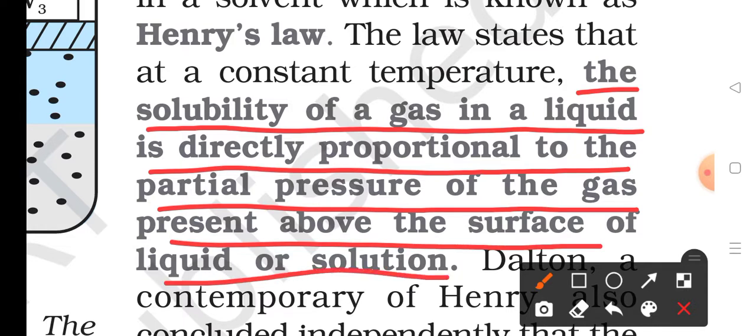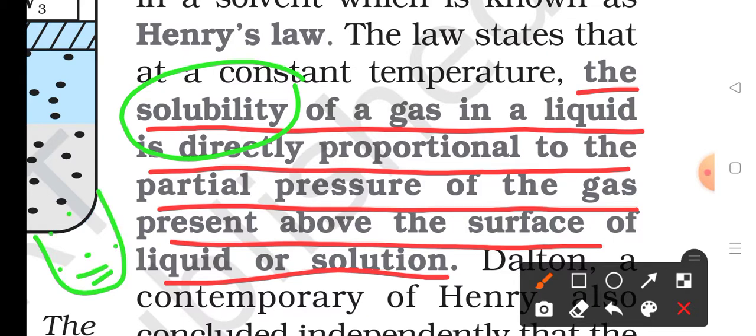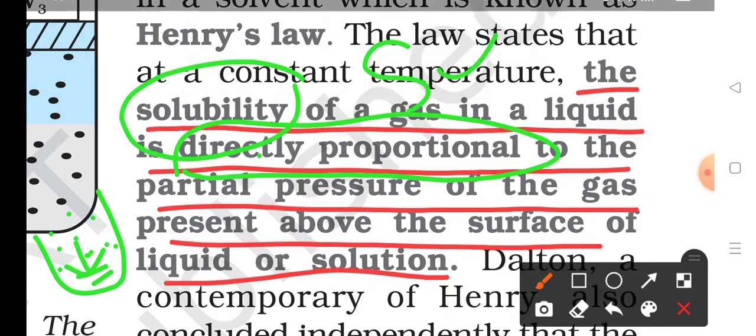I think it's quite easy for you now, because see what is written there. They tell us that the solubility of a gas in a liquid is proportional to the partial pressure of the gas.